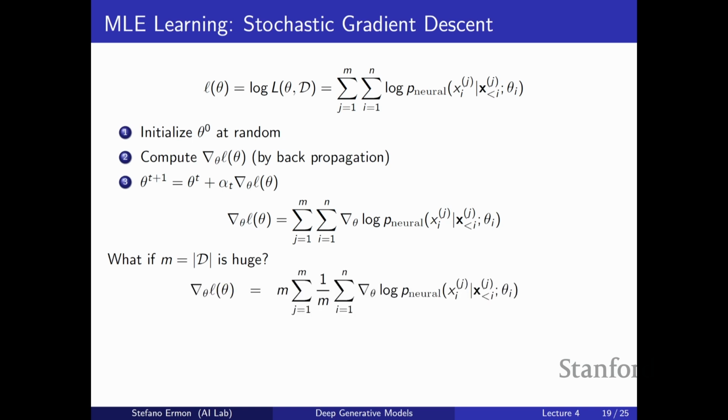We can think of this sum over m data points: we can multiply by m and divide by m, and then think of this sum with 1 over m as an expectation with respect to a uniform distribution over the data points in the data set. And so you can write down the gradient as the expectation of the gradient with respect to a uniform distribution over the data set. So far we haven't gained anything, but now you can do Monte Carlo.